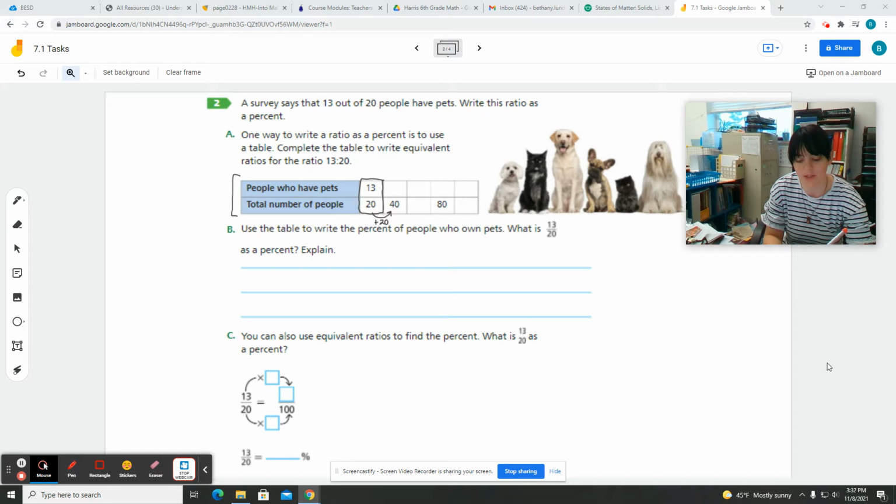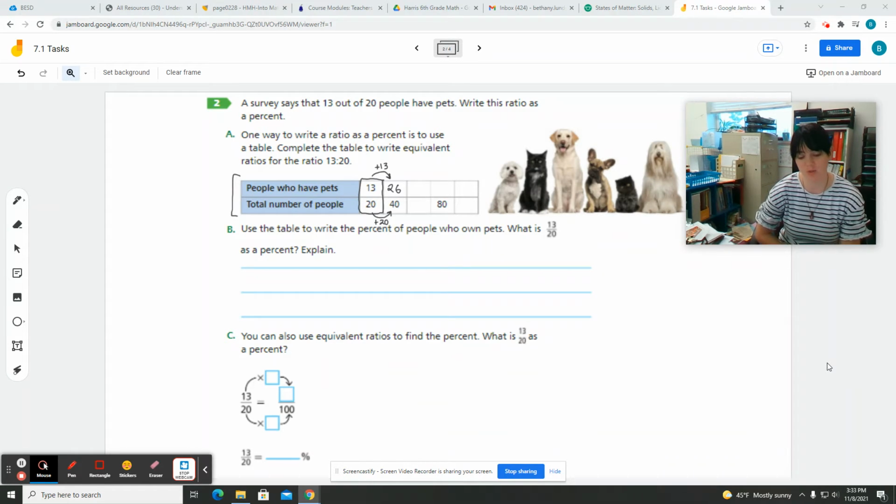So if we go from here to here, we're just going to go from 13, we're going to add another 13 to make these equivalent. So then what we have here is 26. So 13 to 20 is equivalent to 26 over 40 because the ratios have stayed the same. They've stayed balanced. Because what we did is we multiplied the 20 by 2 and the 13 by 2.